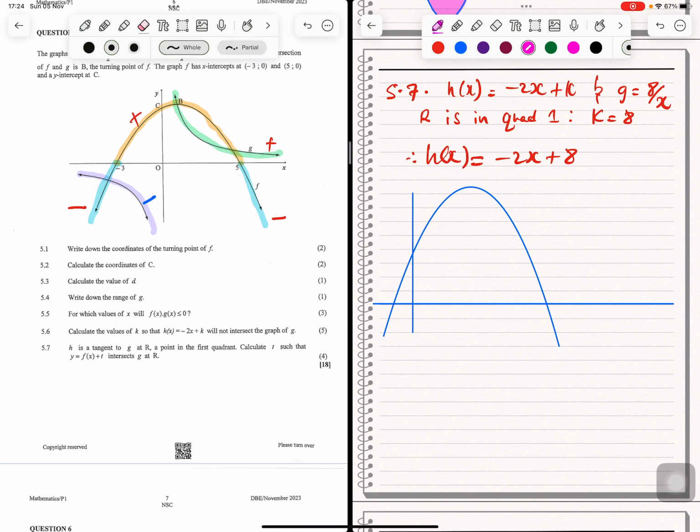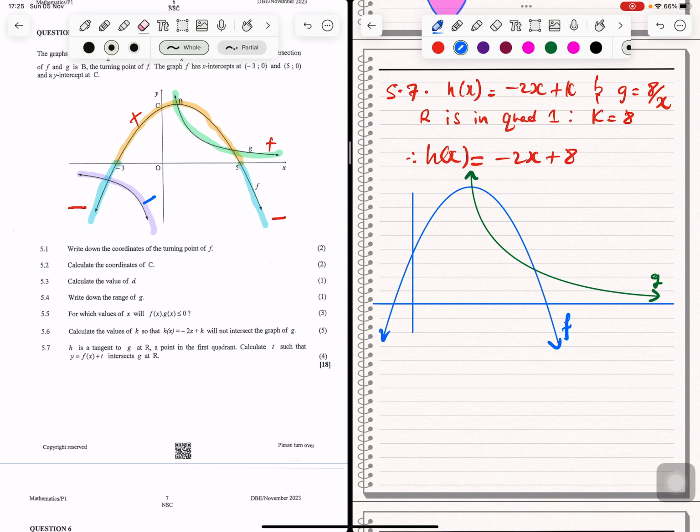And then the other graph, which is this one, allow me to have it in a proper way. That is going to be my g, and the other one is possibly my f.